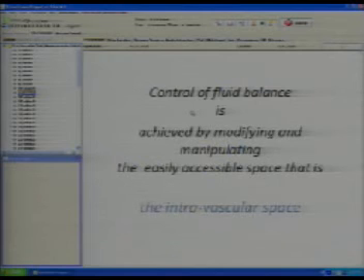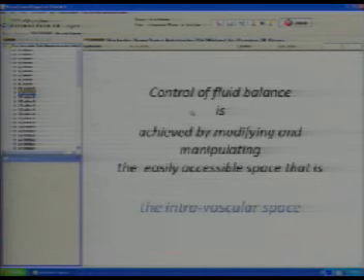So this control of fluid balance is achieved by modifying and manipulating the easily accessible space, that is, the intravascular space. Imagine a big hall with a small window. If the hall is huge, but we can see only through the window, we may not be able to appreciate the whole entire hall.